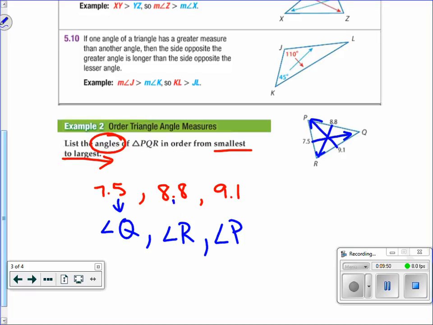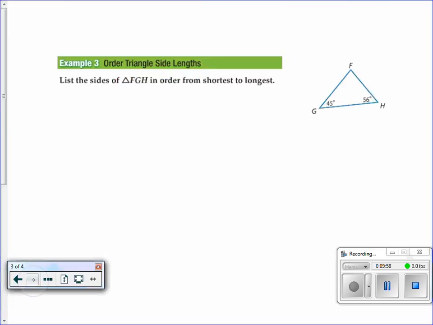And so there's the relationship. Now we don't care about the sides, we want the angles, but we need to look at the sides to figure out the order of the angles.